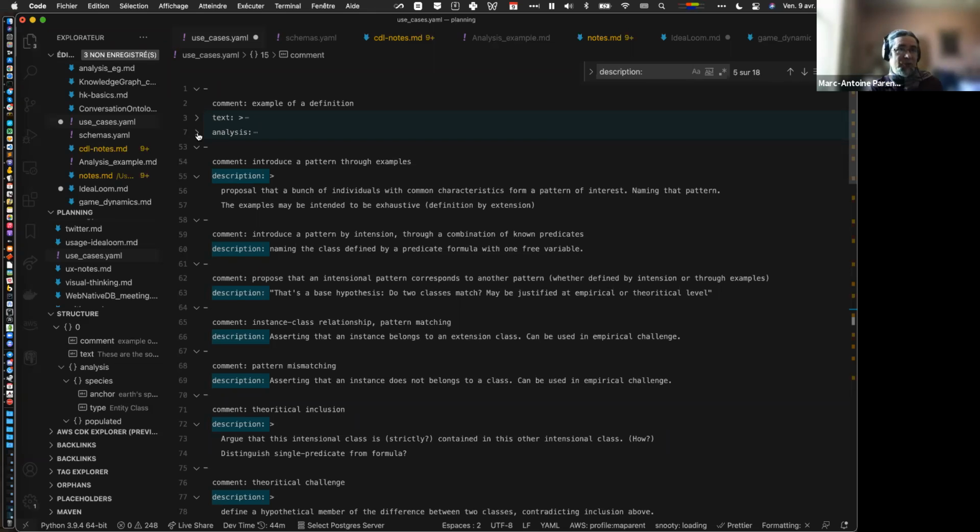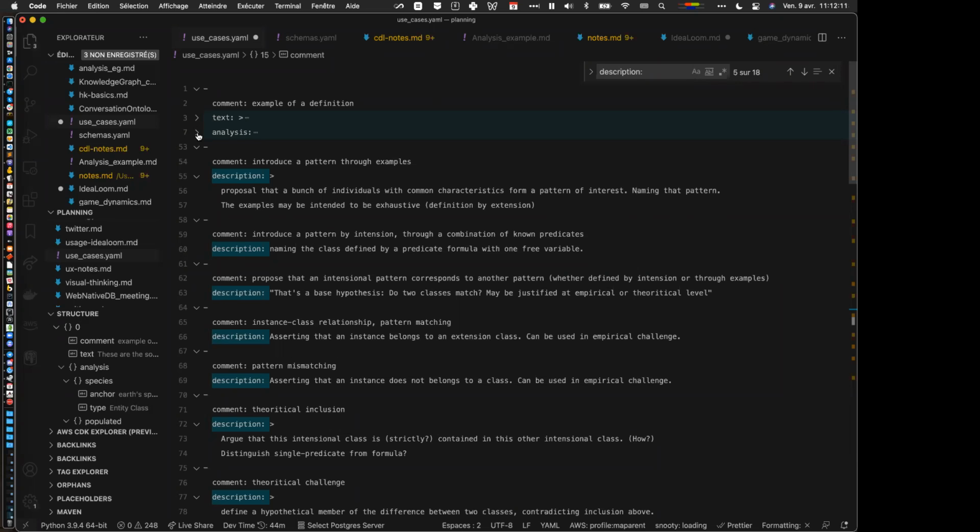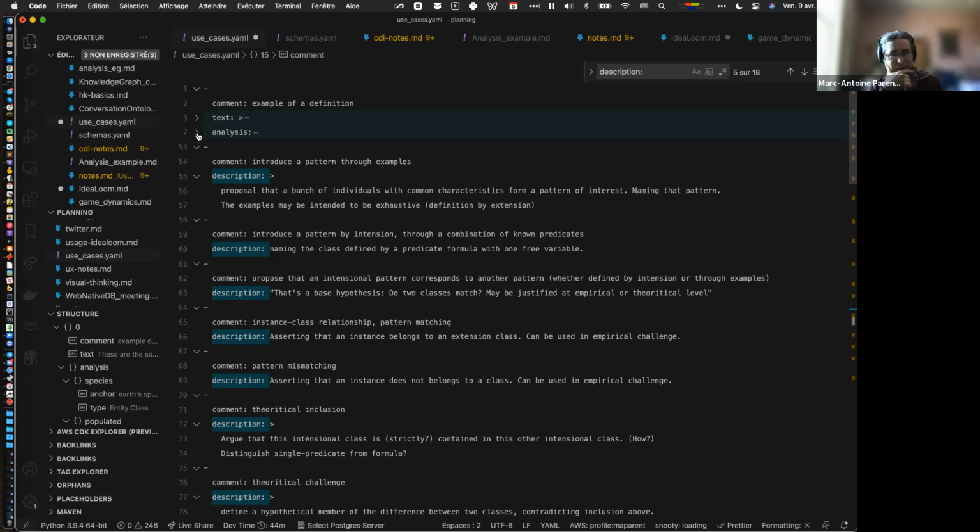I'm trying to do my use case list, but at a more fundamental level than the argument and claim use case list we've been doing. So yes, absolutely, I have to do the homework of doing examples.